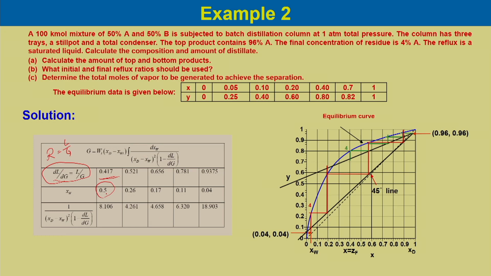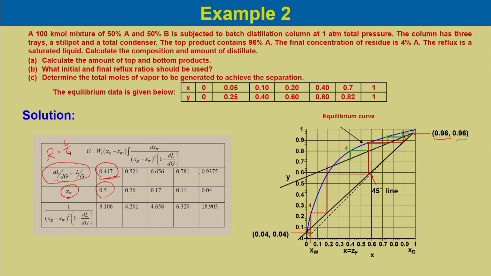So, once it is known and xd is fixed at 0.96, you can calculate from this 1 by (xd minus xw) square into (1 minus dL by dG). So, dL by dG is from the reflux ratio you are varying, and for each case you will draw 5 ideal stages to obtain the bottom composition xw.